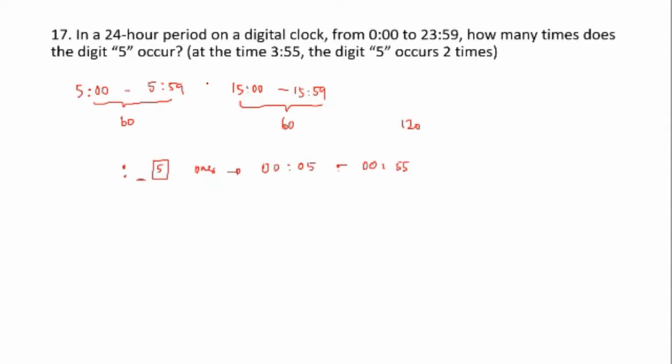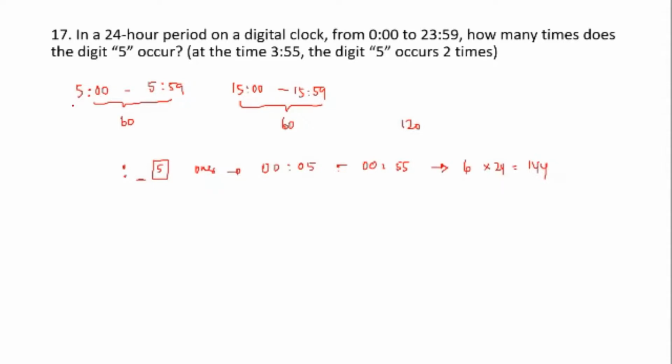All right, so like 5, 15, 25, 35, 45, 55. So the digit 5 appears 6 times every hour in the ones place, and there are 24 hours. So we multiply that, that means the digit 5 appears in the ones place of the minute 144 times.